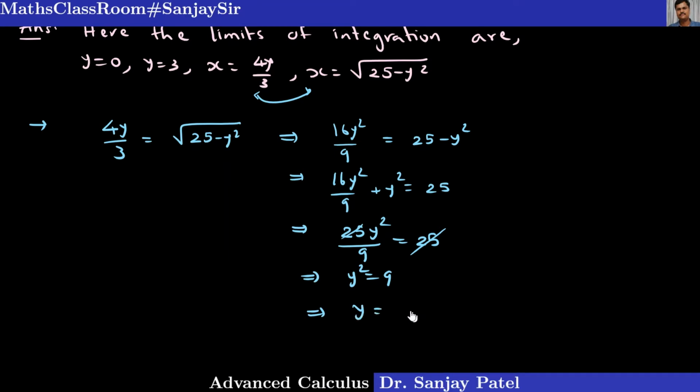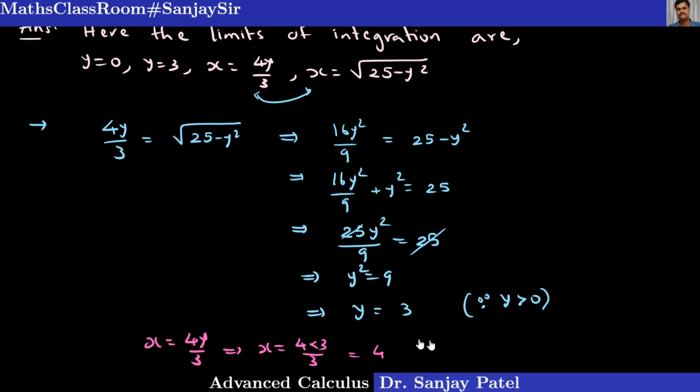and therefore y is equal to plus or minus 3, but we'll take y is equal to 3 because we are in the first quadrant, where y is positive. For y is equal to 3, you will get the value of x by putting in any of these. If I put x is equal to 4y by 3, then I will get x is equal to 4 into 3 by 3, that is 4.